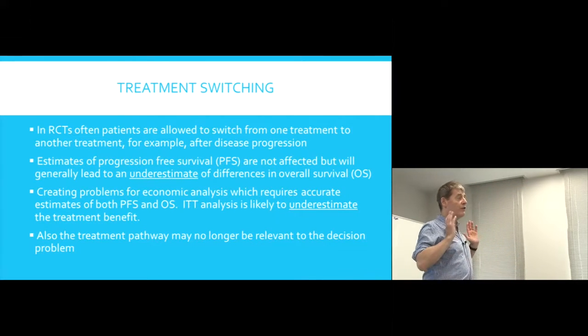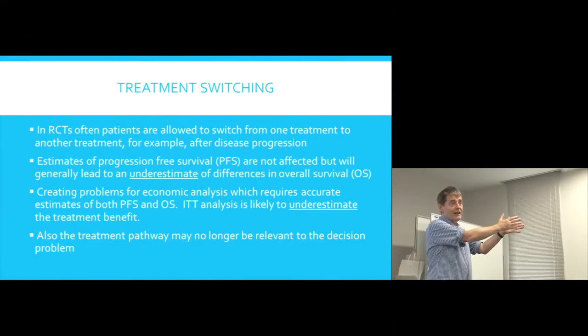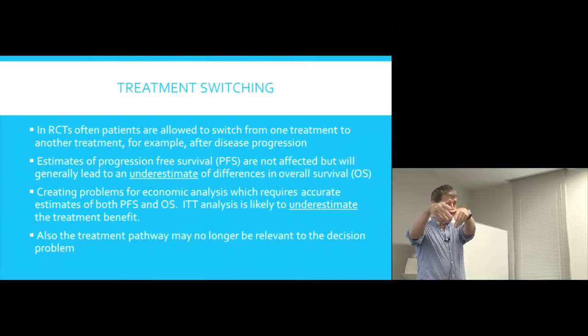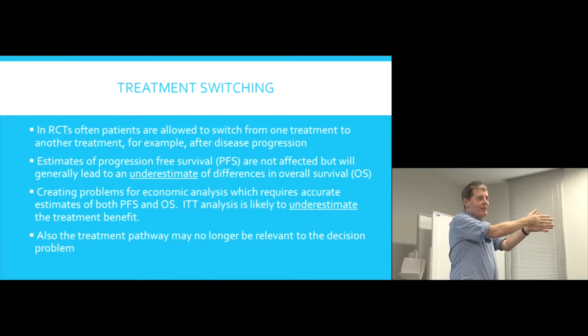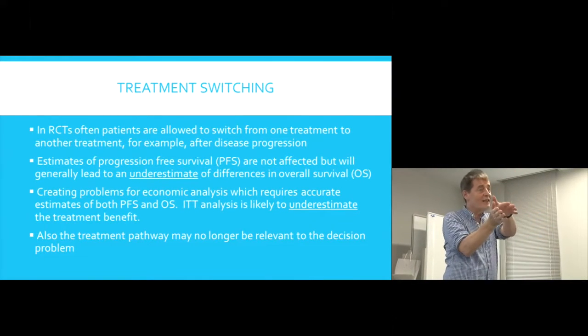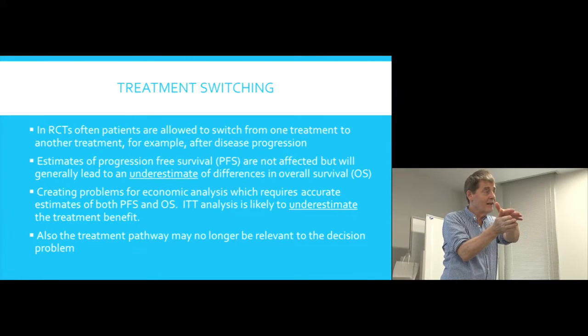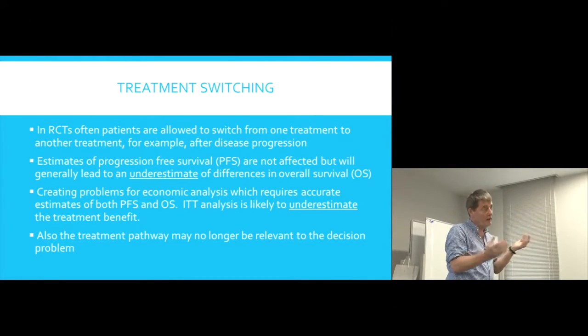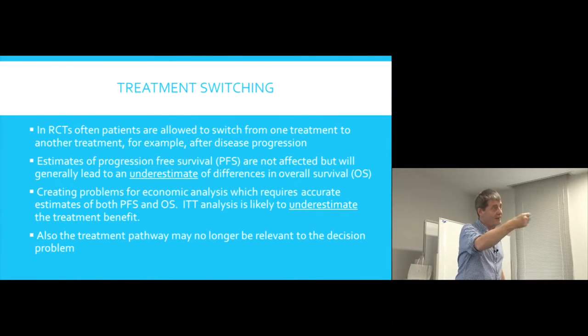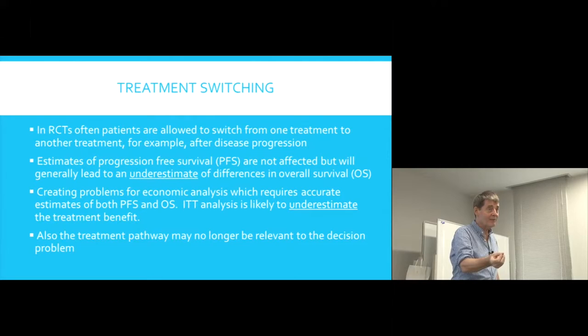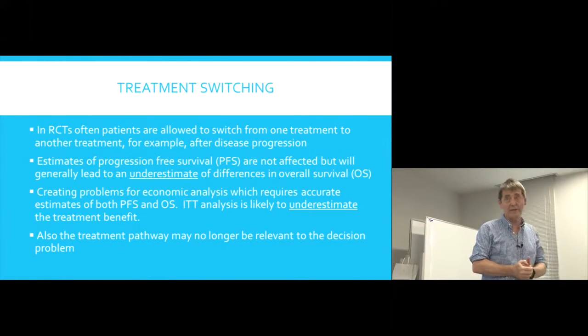And particularly if we've got a control group such as best supportive care and then an active group, might have been the azacitidine, if the best supportive care patients switch in onto azacitidine during the trial, maybe after they progress, by following the best supportive care group and seeing when they die, or predicting when they die, we're going to get a biased estimate of how well azacitidine works. We're going to underestimate how well azacitidine is working.